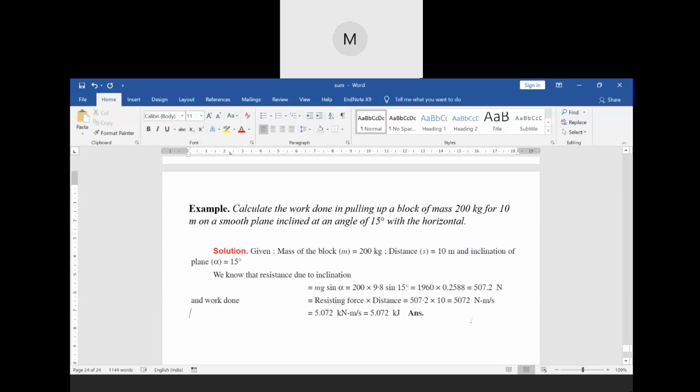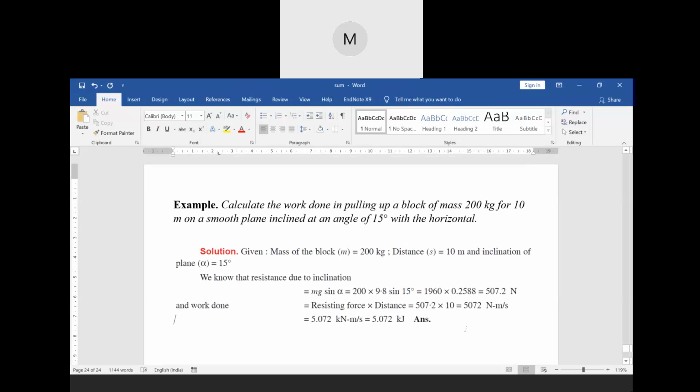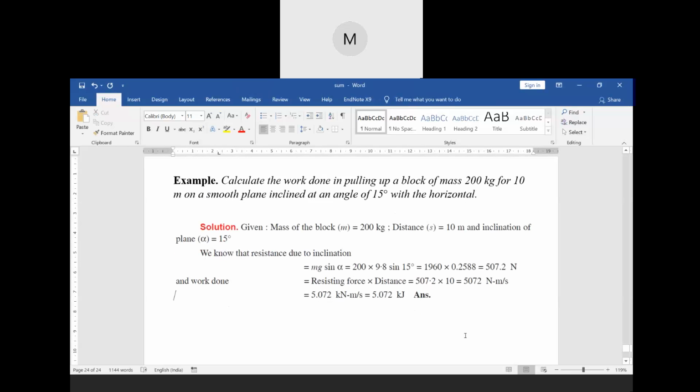Can you see the answer? Yes, sir. So many of you got it in joules. It's correct only. If you get it in joules, if you get it in kilojoules, it doesn't matter. If you get it in joules, it will be 5072 point something joules. And in kilojoules, this is the answer. This is how it is being sorted out.